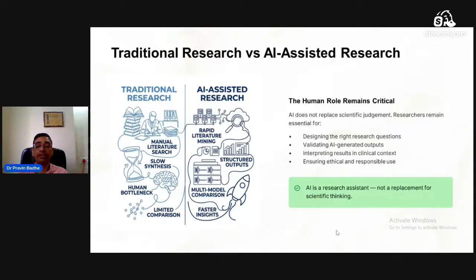One of the main critical considerations when AI is being used is who will take the responsibility, and that is where human involvement is important. So AI is a research assistant, and it is not replacing any researcher, any scientific judgment and scientific thinking, which has to be done by humans only.